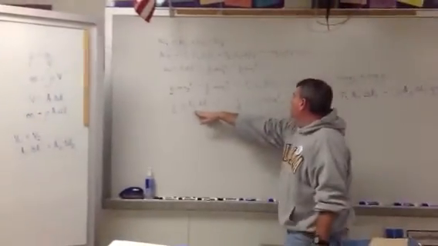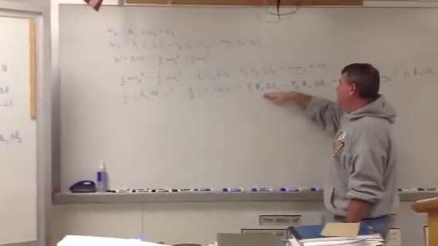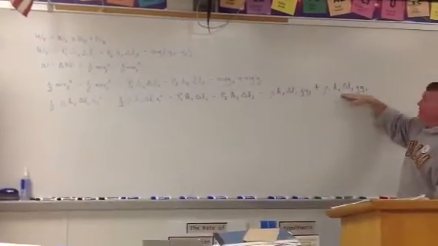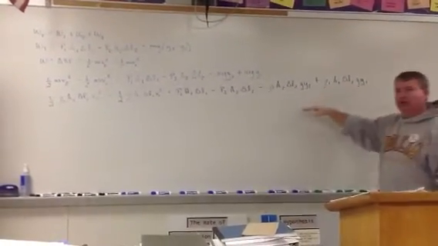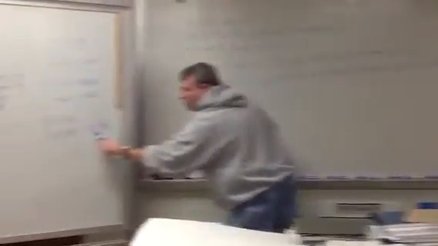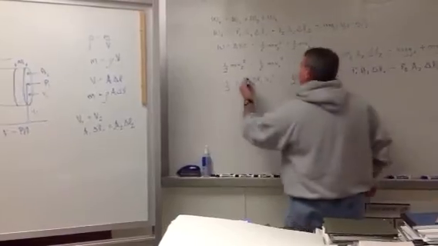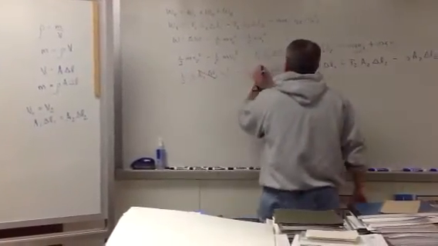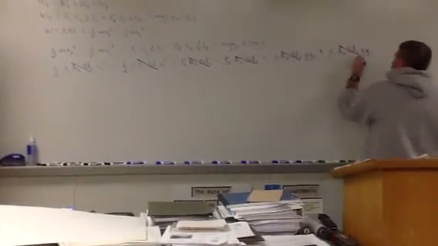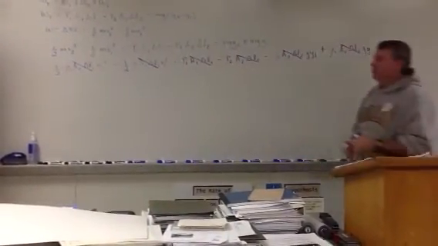Every single term has an area times a length in it. So every term has a volume in it, and those volumes are all equal. So if you divide by those, they all cancel.